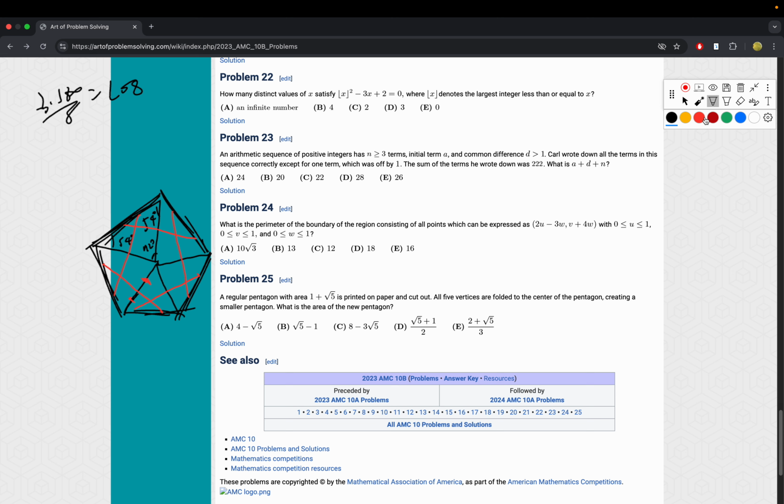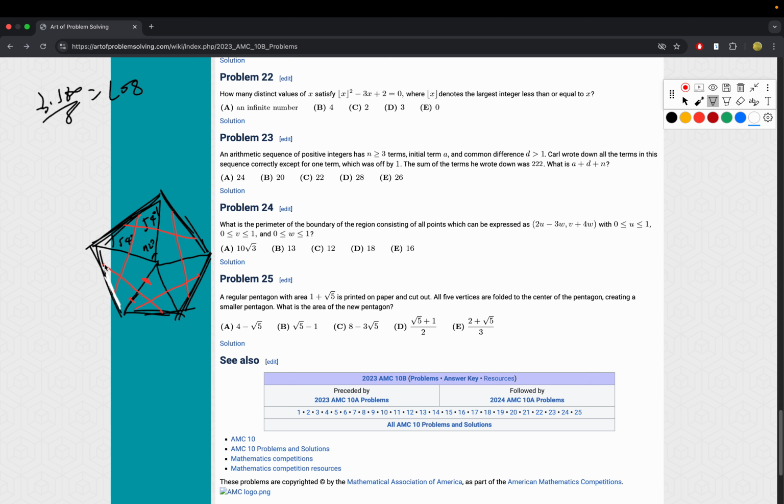Excuse me. First, we know that this length and this length are equal to each other because we folded them, and this is definitely a 90 degree. Oh, that is not feasible. Oh no. I will use different color. Maybe white.